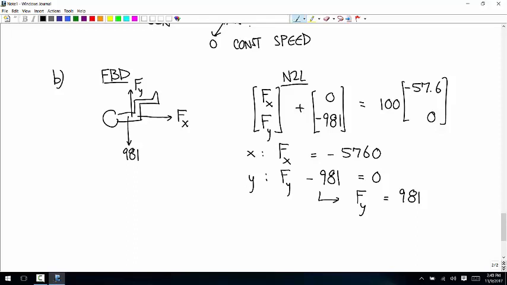So now if we put those back into the force vector, the force on the pilot by the chair is equal to negative 5760, positive 981.